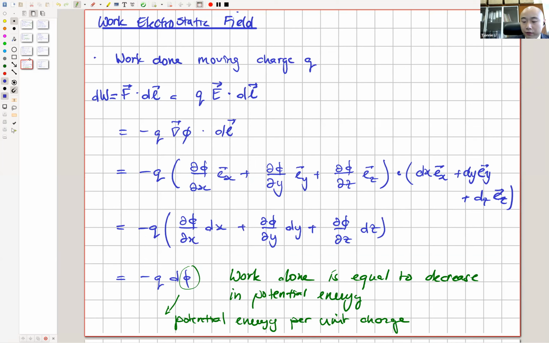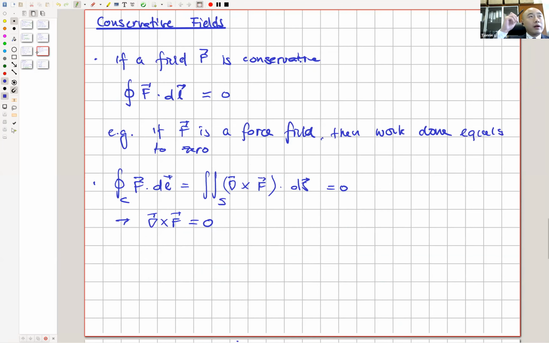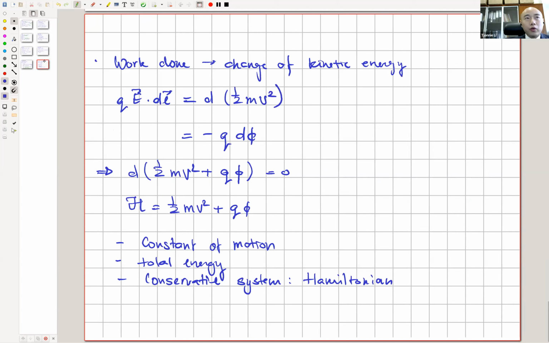A conservative field is just a conservative field where the integral of F over some loop equals 0. And so we can actually show that the gravitational force, at least the Newtonian one, is conservative. So all of these calculations also hold for the Newtonian gravity system.